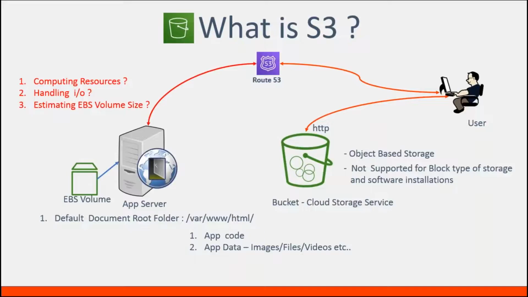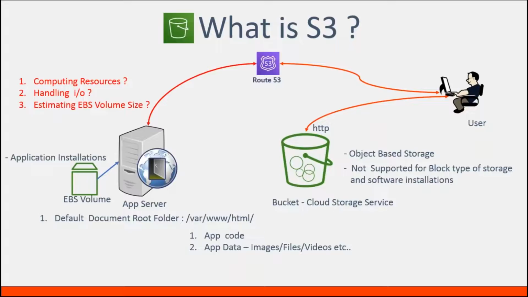When I say S3 is the object storage, it does not support block type storage. That means you can only keep data in the form of a file, like image files, videos, PDF, text files, something like that. You cannot do any software installations on this S3 bucket space. That is why it is called object based.